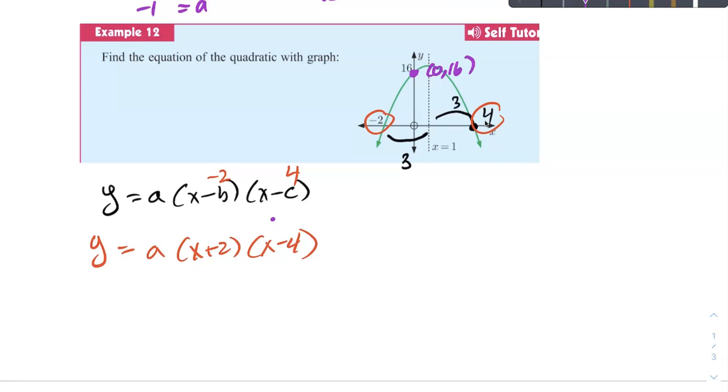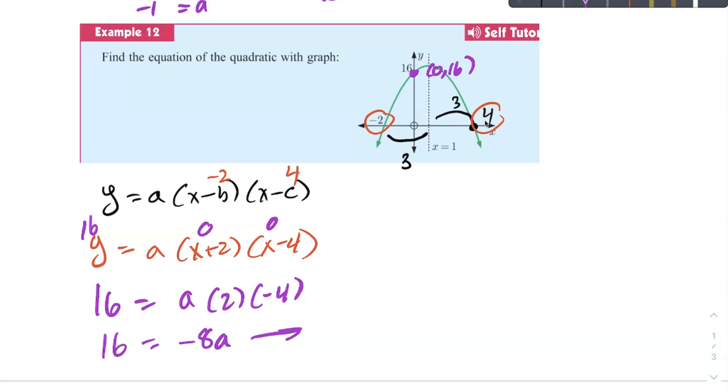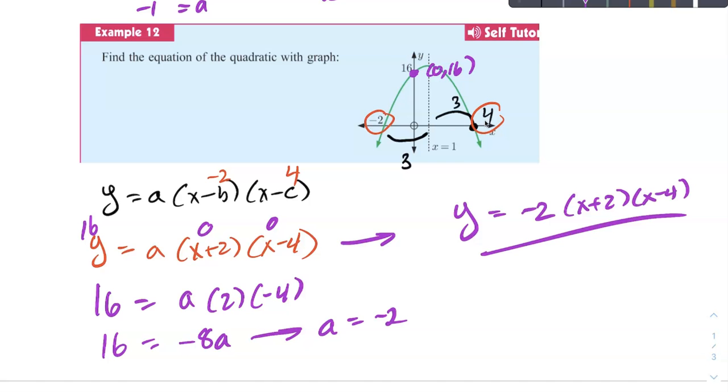So when I plug in 0, it equals 16. So 16 equals a times 2 times -4, or 16 equals -8a. a equals -2. And there we go. Rewrite it with the a. There it is.